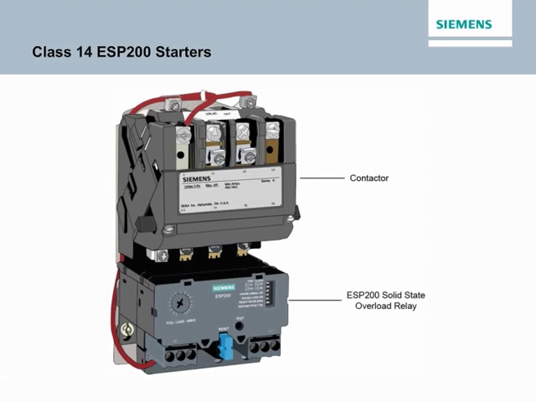For example, the trip class 5, 10, 20, or 30 is set up using DIP switches on the front of the unit, and the full load ampere FLA dial allows for the wide range 4-to-1 of adjustment. As previously mentioned, 958 and 958L ESP200 solid-state overload relays are also available for specified applications.